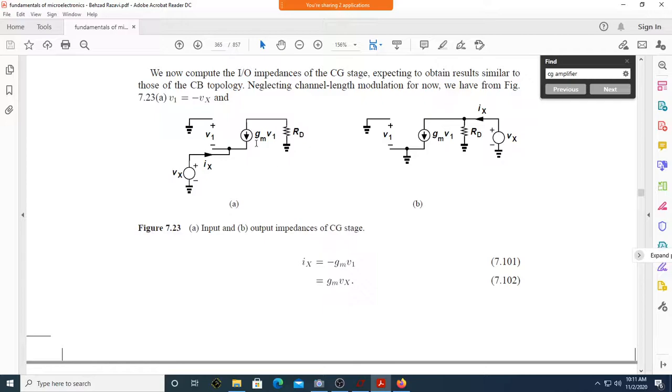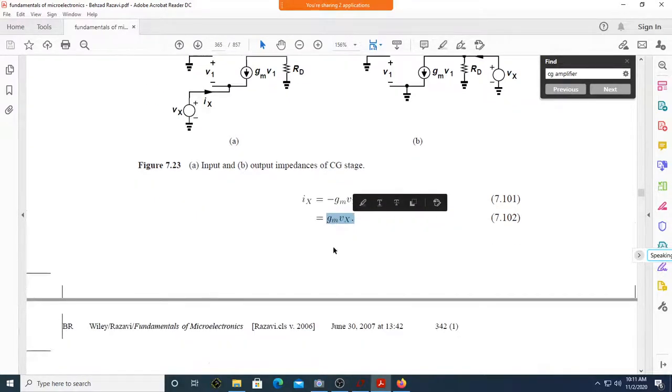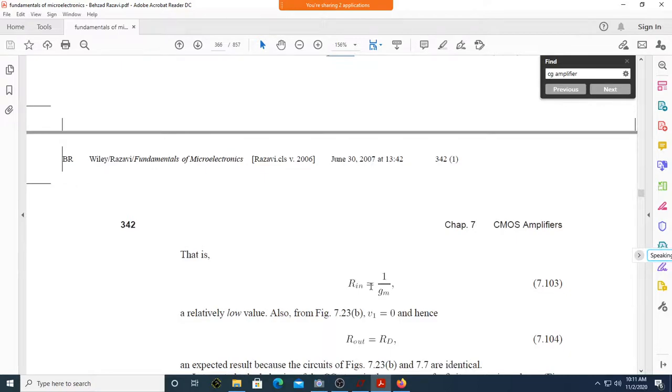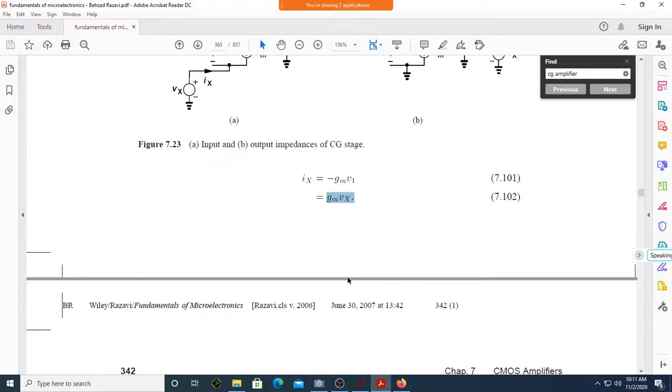The current flowing is minus gm into V1, where instead of VGS they have written V1. That V1 is minus of Vx, so the minus signs cancel and you end up with gm into Vx. Then Vx by Ix is 1 over gm, the way we derived earlier also.